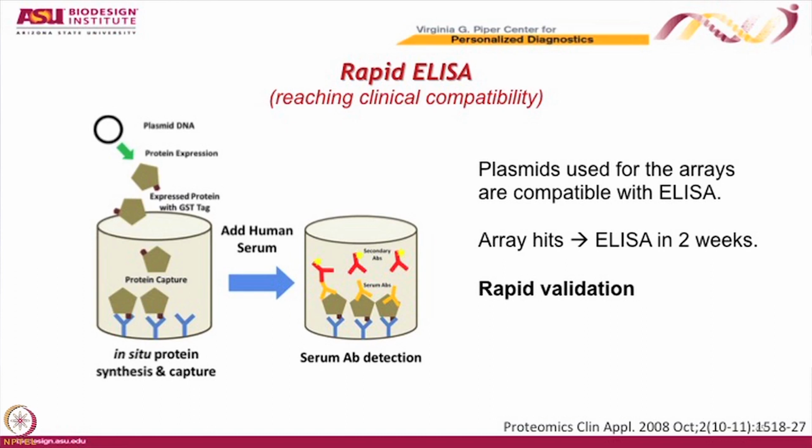And the very same plasmid that we printed on the array, we can use for the ELISA. So the system is immediately compatible with moving from the array to the ELISA assay, so we can very quickly set the ELISA up. We add the expression plasmid, we make the protein, we add it to the well, we capture it, wash away everything we don't need, and then we come in with serum to the well and look to see if we get a response.